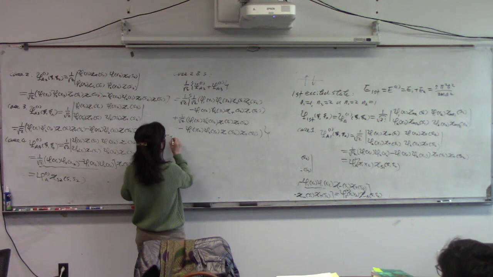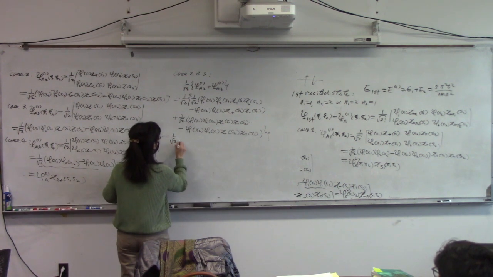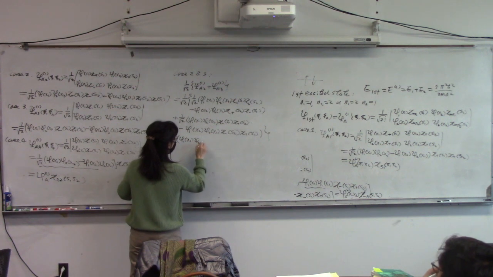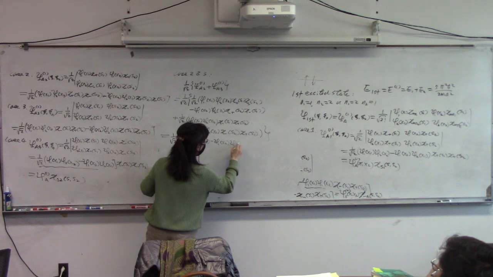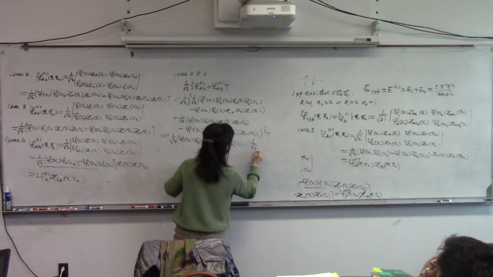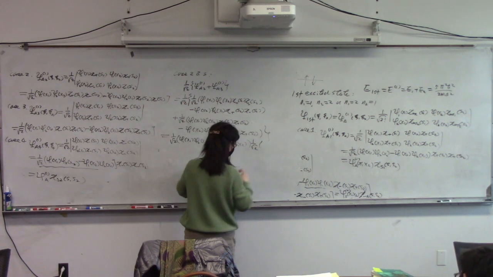So I have a first term that is 1 over square root 2, and inside is psi 1 x1, psi 2 x2, minus psi 1 x2, psi 2 x1. And another square root 2, I have a 1 outside and inside, right? Is this one.